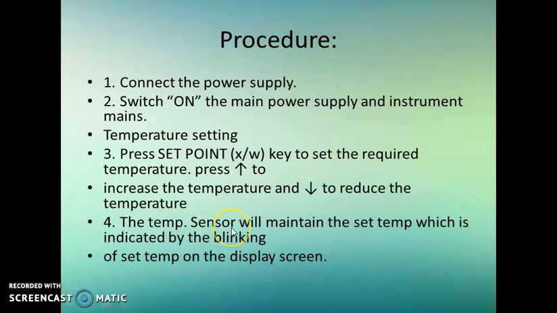This temperature sensor will maintain the already set temperature, which is indicated by the blinking on the upper portion. The temperature that we had set, for example 160 degrees Celsius, is displayed on the screen.